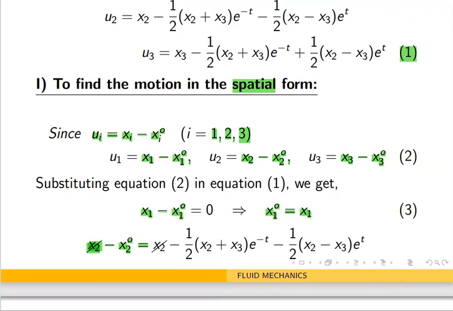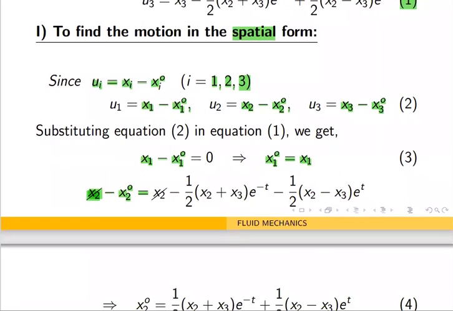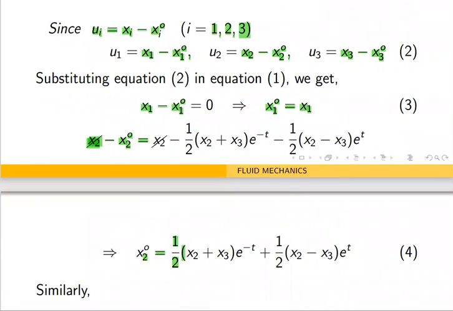The remaining as it is. Simplify that, so x2 will get cancelled. We have minus x2 naught equal to this. Change the sign throughout, so you get x2 naught equal to this. Call that 4.